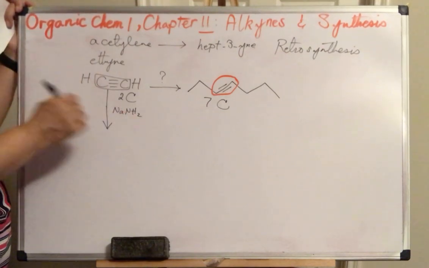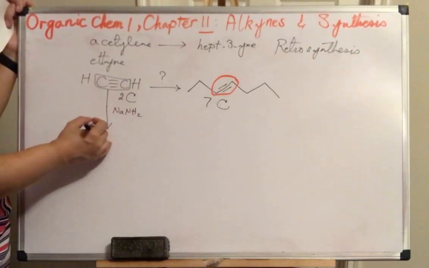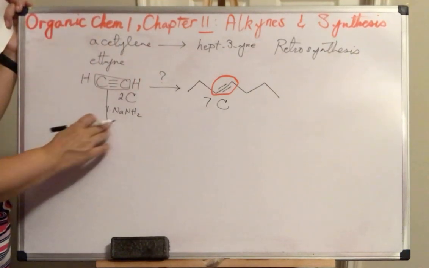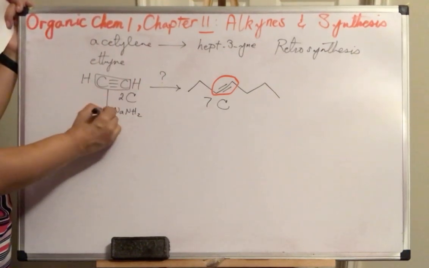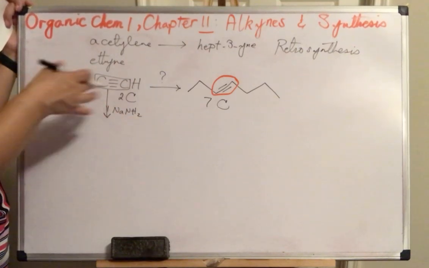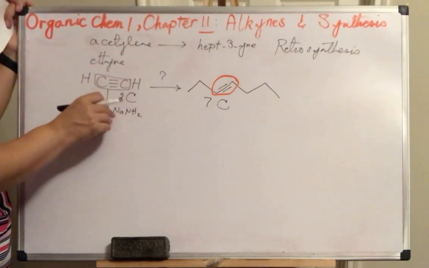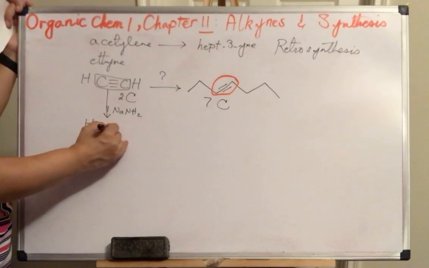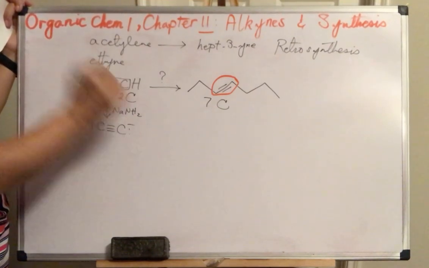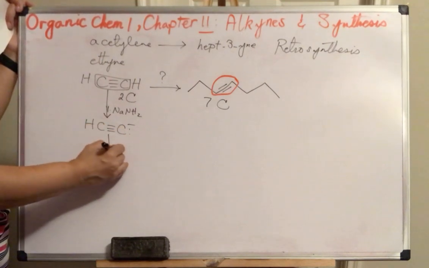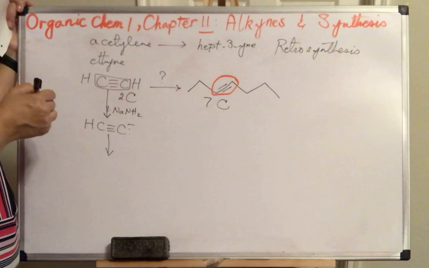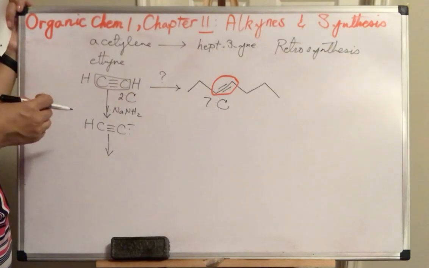When you add NaNH2, you will remove one of the hydrogens, right? For this one, I do it step by step. For the rest of them, I just do the final product of every 1 or 2 steps. So now we have this. Then on the right side, how many more carbons do we need? 3 more, right?